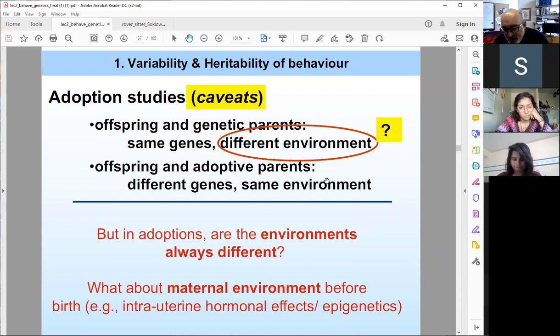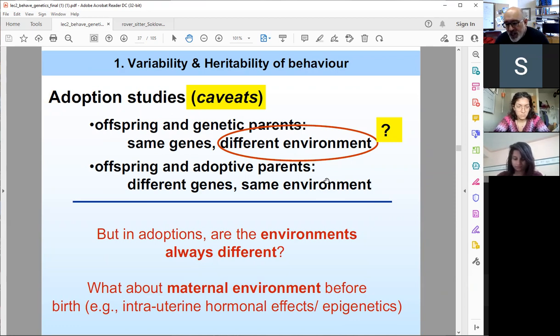There are other aspects that can affect intelligence and other complex behaviors. The maternal environment can be very important. Exposure to hormones in the uterus, for example, can have consequences for a number of different behaviors, perhaps even intelligence.